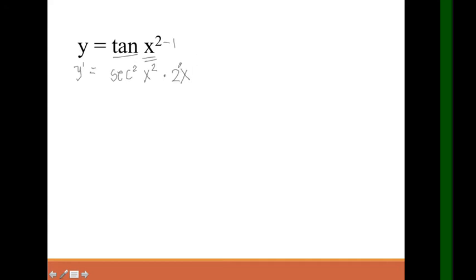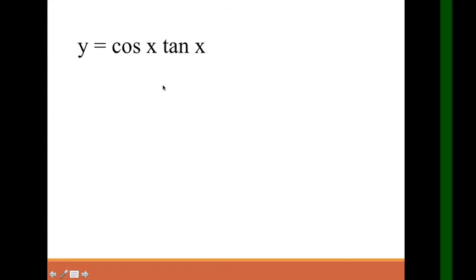Okay, next we just need to multiply secant squared x squared times 2x, and that is 2x secant squared x squared. So that is our final answer for our second example. So for y is equal to tangent x squared, the derivative is equal to 2x secant squared x squared. I hope that's clear, my dear students.